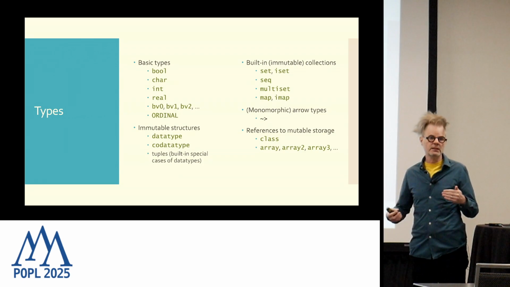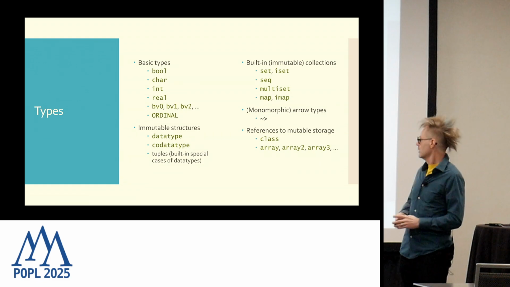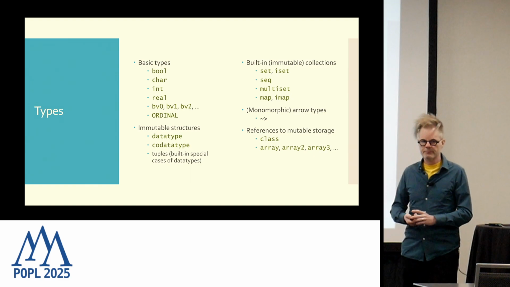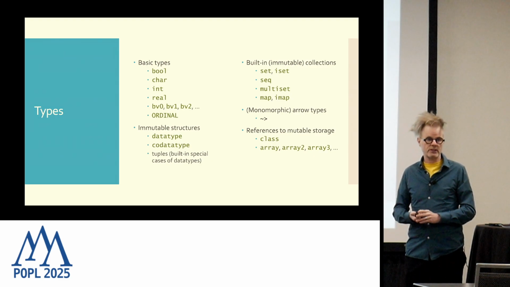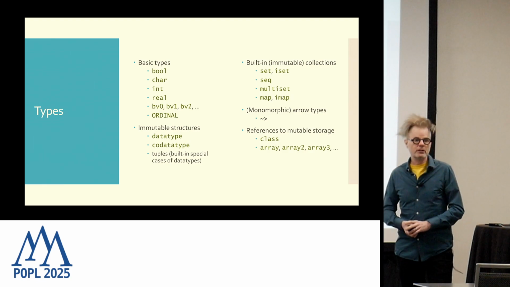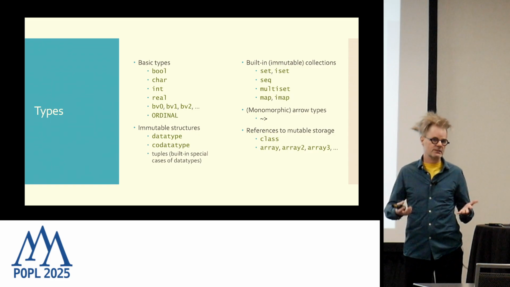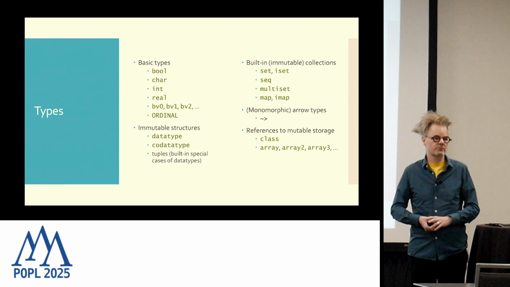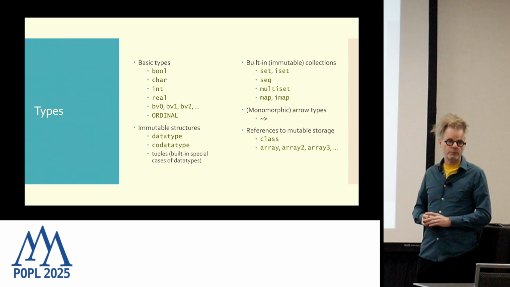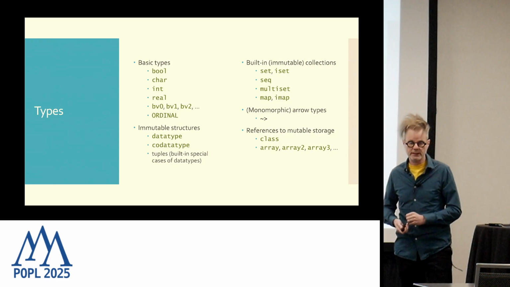Dafny' looks more like an imperative language, but of course it supports all of the functional features, and specifications in particular are essentially written as functional programs. So there are function values, or what you might think of as lambda expressions, but they could be top-level functions as well. And they're all monomorphic: even though Dafny' supports polymorphism, all of the arrow types are monomorphic.